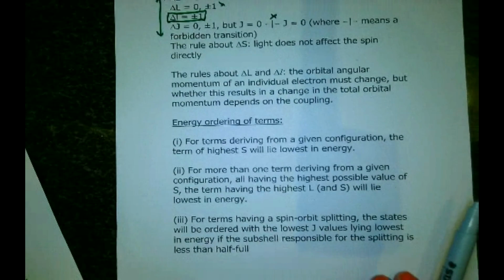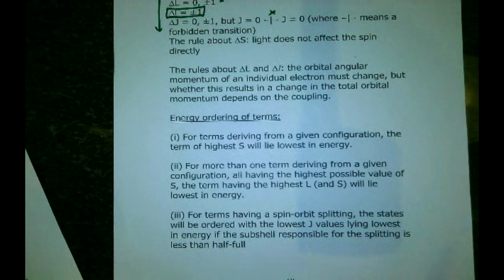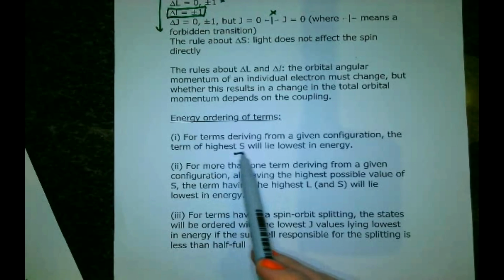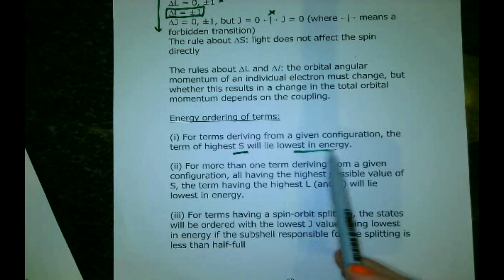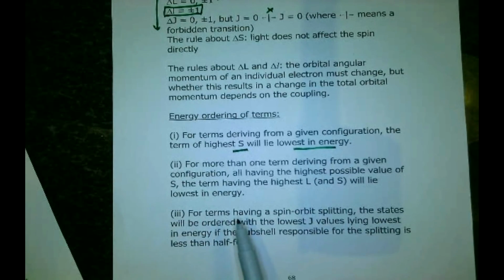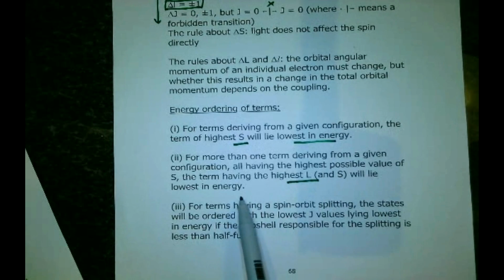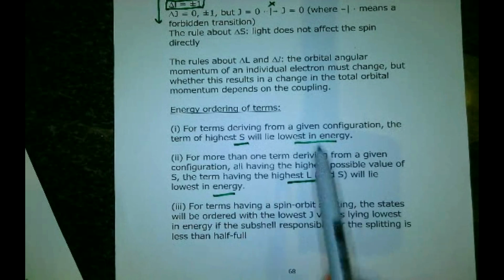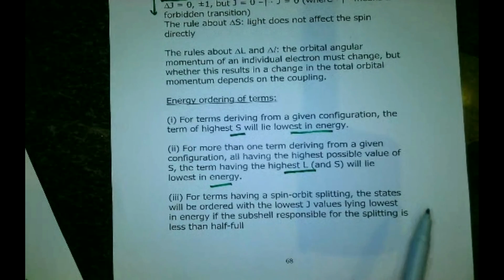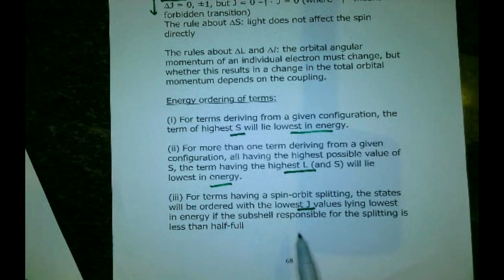Just something finally about the energies of these terms. Typically the term with the highest value of S will lie lowest in energy, and then if they have the same value of S, the one with the highest L will lie lowest in energy. So first look at S and then you look at L, and then the lowest J will also lie lowest in energy.